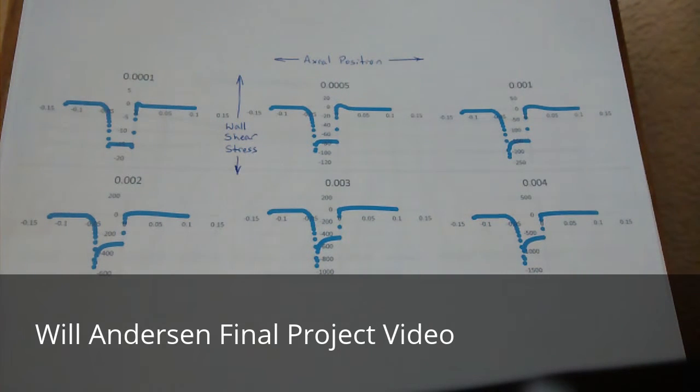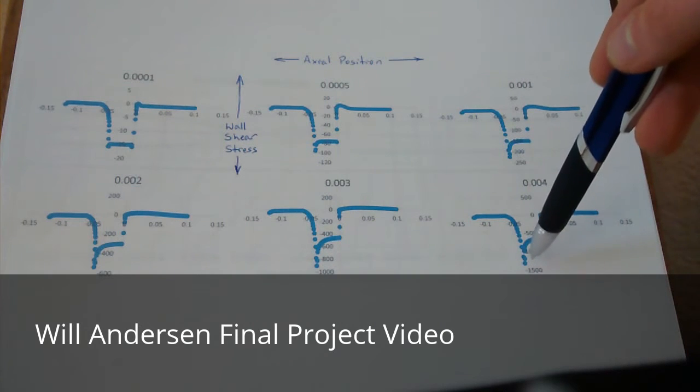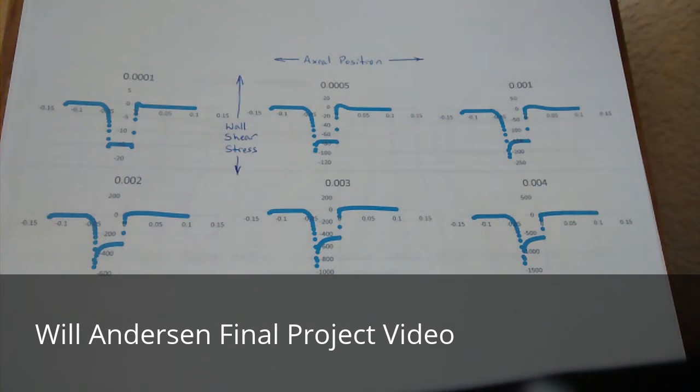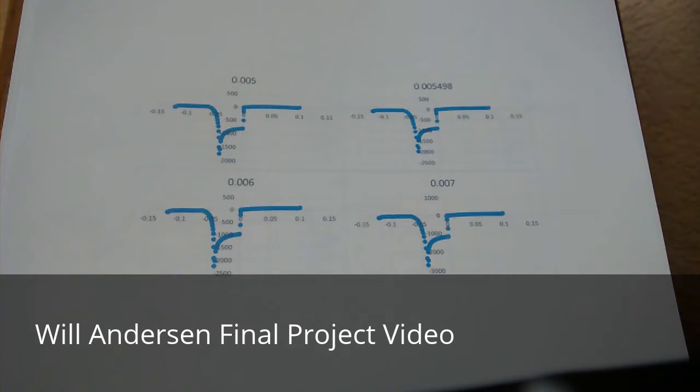You'll note that there's a slow progression from one set of behavior, such as with this peak here, with the lower flow rates, to a different set of behavior with no peak here and a sharp peak here and higher magnitudes with the higher flow rates. This trend continues on with higher and higher flow rates.